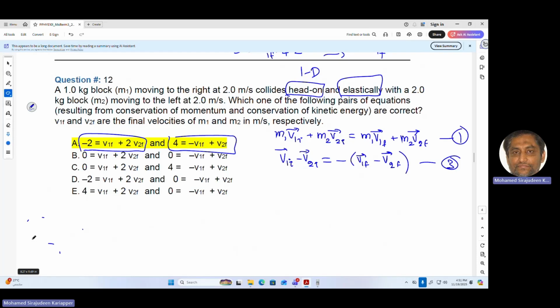Somebody help me. M1 is, I'm not going to look at it, so somebody has to tell me. What is M1? 1. And V1I? 2. Plus or minus? Plus. Okay, then plus M2 is? 2. And V2I is? Minus 2.